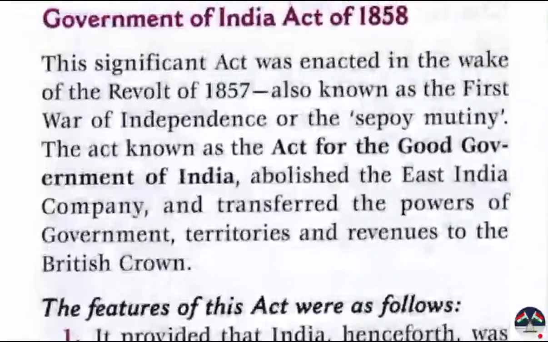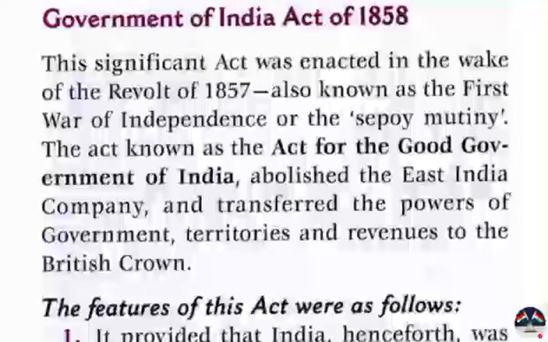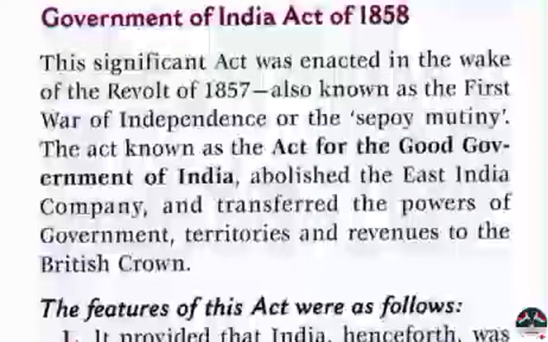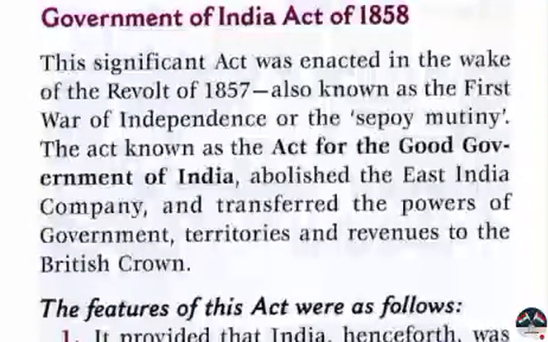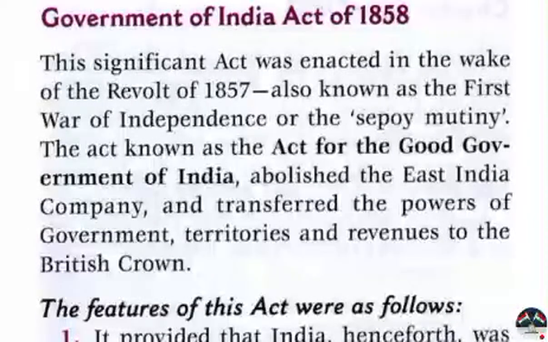This significant act was enacted in the wake of the revolt of 1857, the first war of independence or the Sepoy Mutiny. The act, known as the Act for the Good Government of India, abolished the East India Company and transferred the powers of government, territories, and revenues to the British Crown.